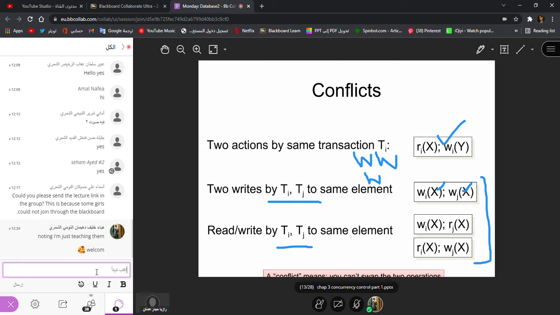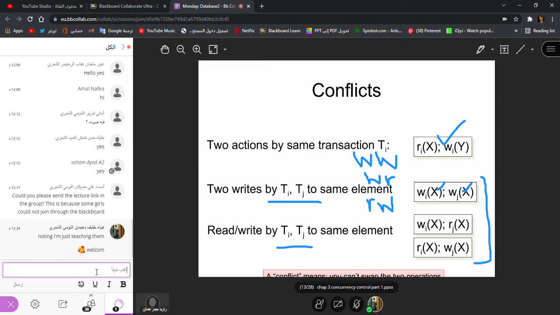Read-write, write-write, and write-read all have the conflict, keeping in view that your data element is the same. So write-write, read-write and write-read is always a conflict when the two transactions are working with the same element. This is the easier way to remember.